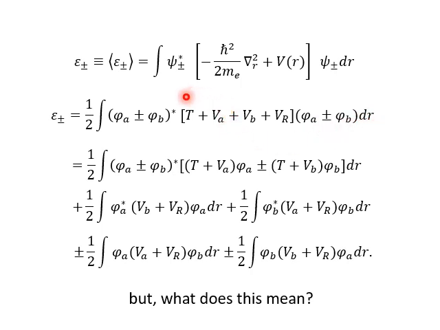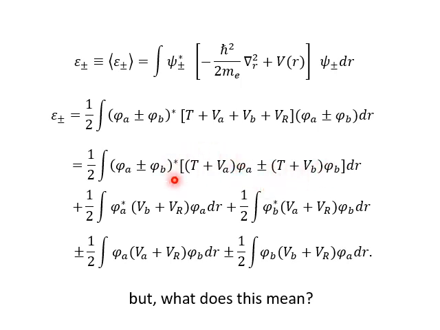I'm going to take these two terms here, T plus VA, and operate them on phi A. And I'm going to take T plus VB and operate them on phi B. The reason for that is that the calculation of phi A, T plus VA, phi A, just taking that first term there, yields the energy of an electron in the original state on atom A. And phi B operating on this is going to give me the original energy of an electron on atom B.